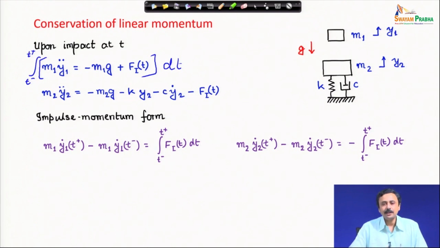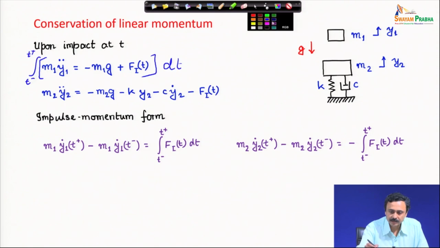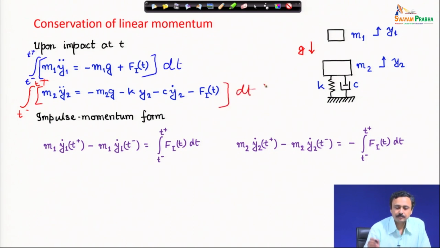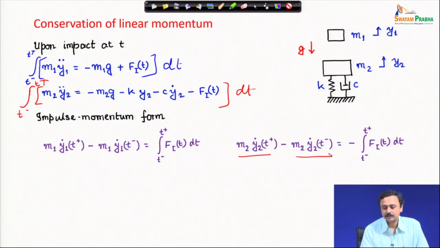Similarly, if I do the same thing for the second equation, I integrate it from t minus to t plus. I obtain on the left hand side m2 velocity at t plus minus m2 velocity at t minus.